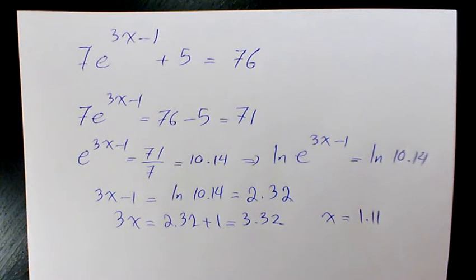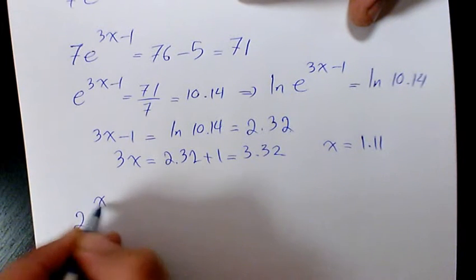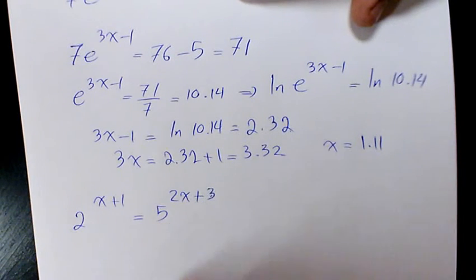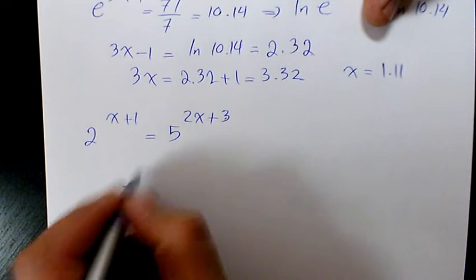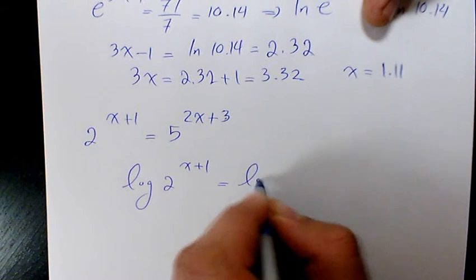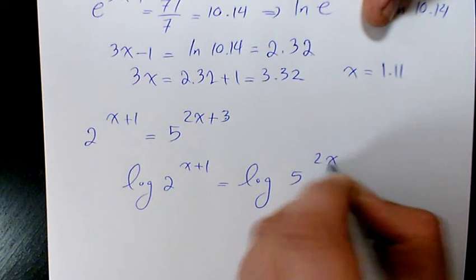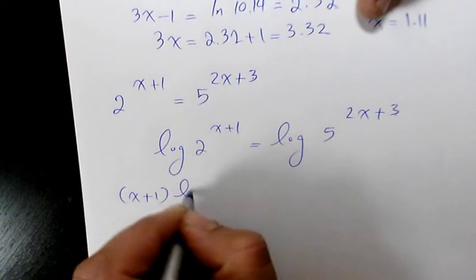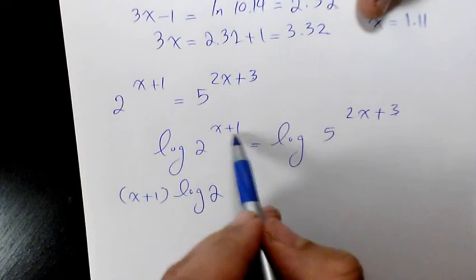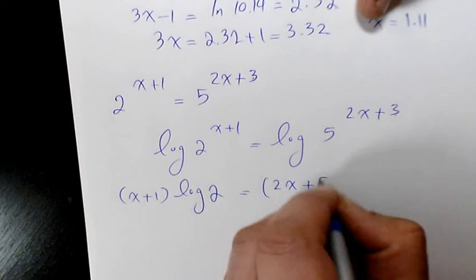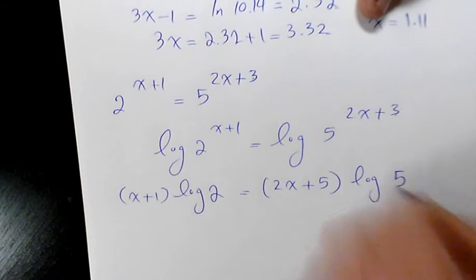Next one is going to be 2 to the power of x plus 1 equals 5 to the power of 2x plus 3. I can log from both sides. Log 2 to the power of x plus 1 equals log 5 to the power of 2x plus 3. Then I can say x plus 1 times log 2, because the exponent, you can make it as a coefficient, equals 2x plus 3 times log 5.